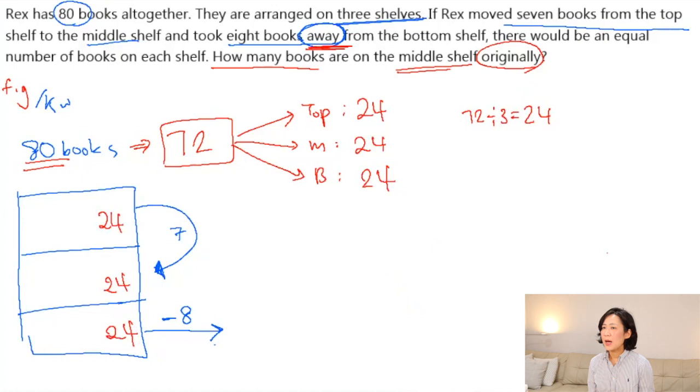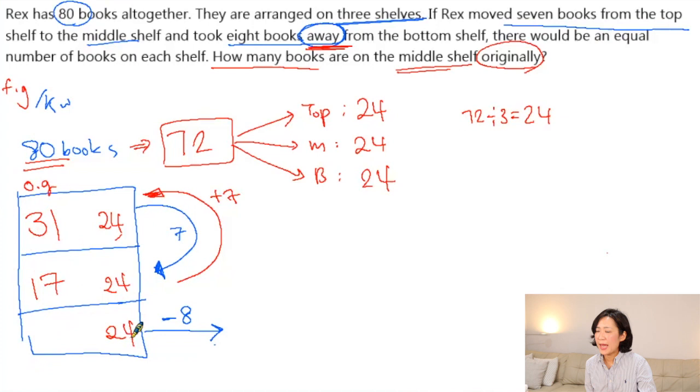But our keyword is finding the original, because the books have been moved. So thinking about it, at the beginning, the books from the top shelf moved to the middle. That means we need to add 7, right? Because we're looking for the original number of books. That means at the beginning there are 31 books on top, and then take away 7 from 24, so 17 books on the middle.